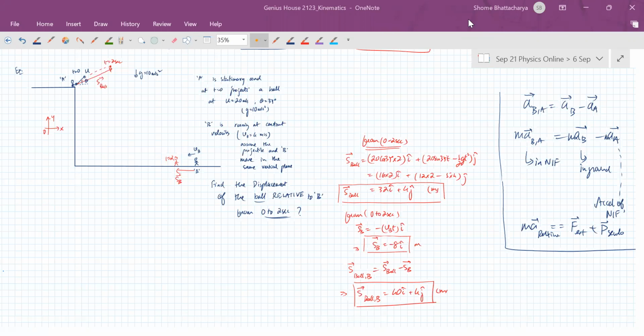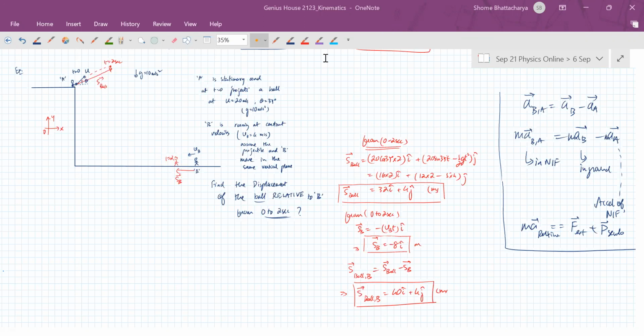No, what you are calling pseudo, in our language, is nothing but relative displacement only. But yes, this concept is similar.